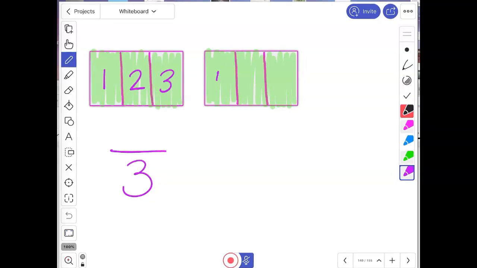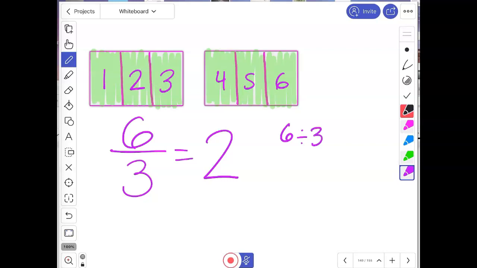But I have 6 parts shaded. 6 thirds, as you can see from the picture, is exactly the same thing as 2 whole sheets of cake. It's also because 6 divided by 3 equals 2. 6 divided by 3 equals 2.